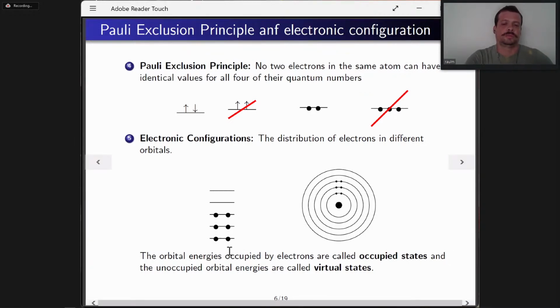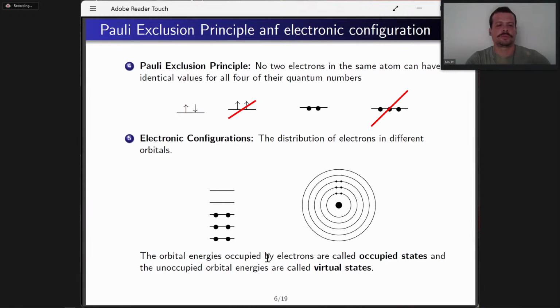Some notation: the orbitals that are occupied by electrons are called occupied states, and the unoccupied orbital energies are called virtual states. It's important to have that in mind.